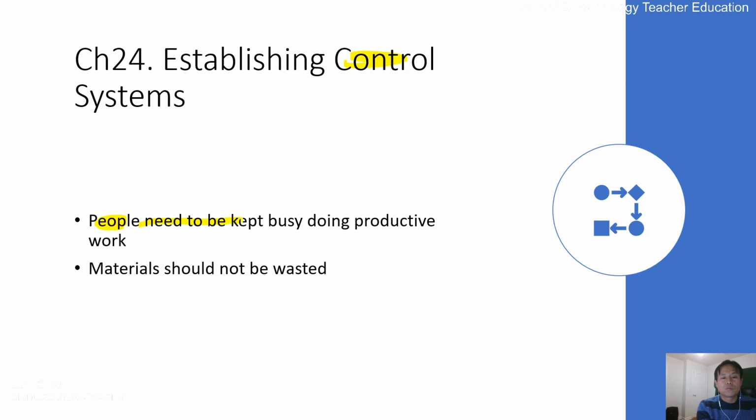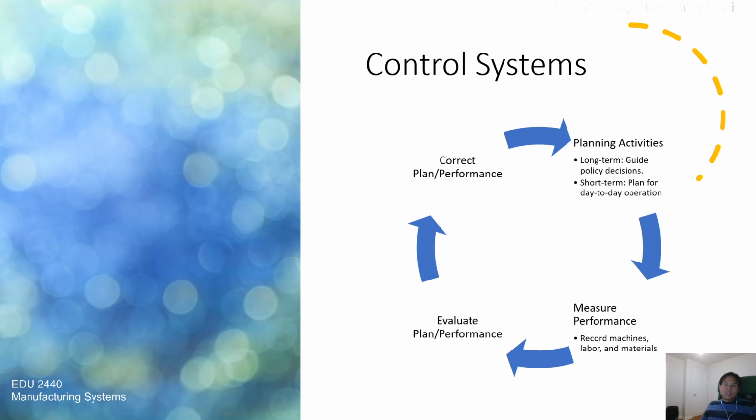So we need to keep people busy in productive work. That is our task. And also material should not be wasted. And meanwhile, we should have good quality of product, right? So this is the basic control system in manufacturing.